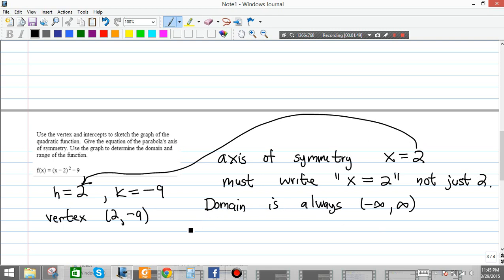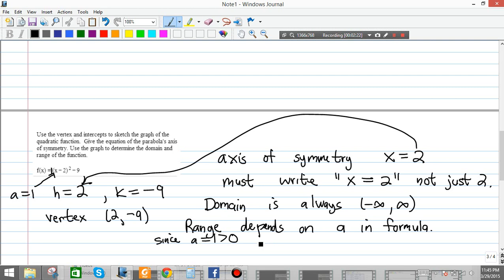Now, the range is a little bit trickier. And so the range depends on the formula. Here, a is 1. That's the number in front here, 1. Since a equal to 1 is positive, the parabola opens up.